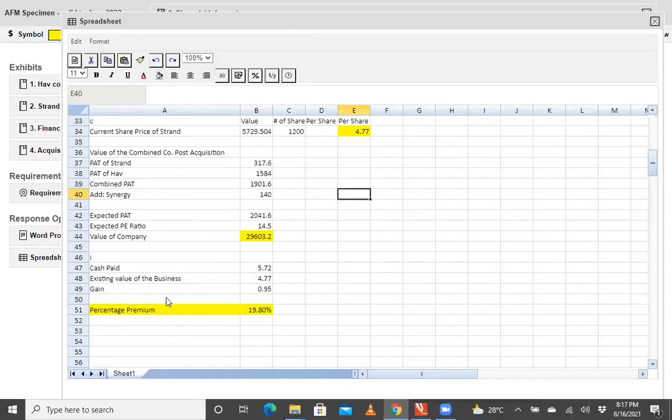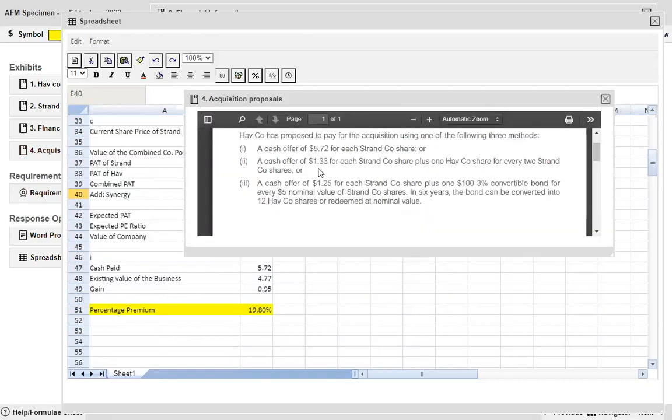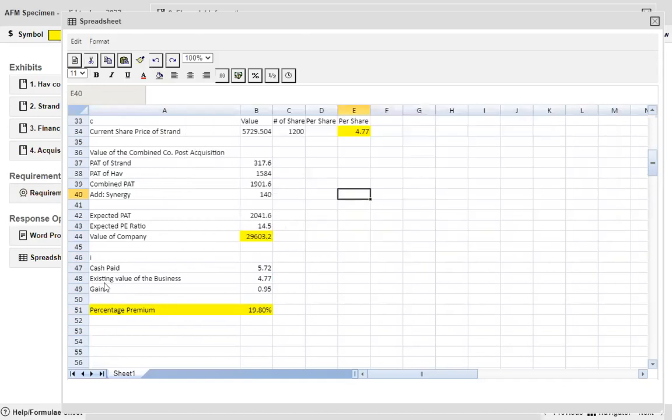Okay, now let's just see. The second acquisition proposal is a cash offer of 1.33 for each Strand company share plus one Hav company share for every two Strand company shares. Now see, what are you going to do? You're going to say the cash paid is 1.33.